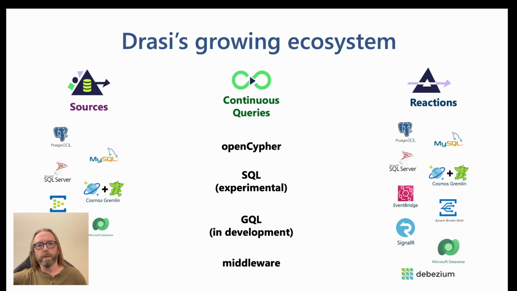We have a Gremlin command reaction, which is a similar thing, but for issuing Gremlin commands to Cosmos. We have multiple messaging infrastructure supports, like EventBridge, Event Hub, SignalR, and integration with Microsoft Dynamics. And we also have a Debezium reaction, which allows you to push changes out into a Debezium pipeline so that it can feed into a CDC infrastructure.